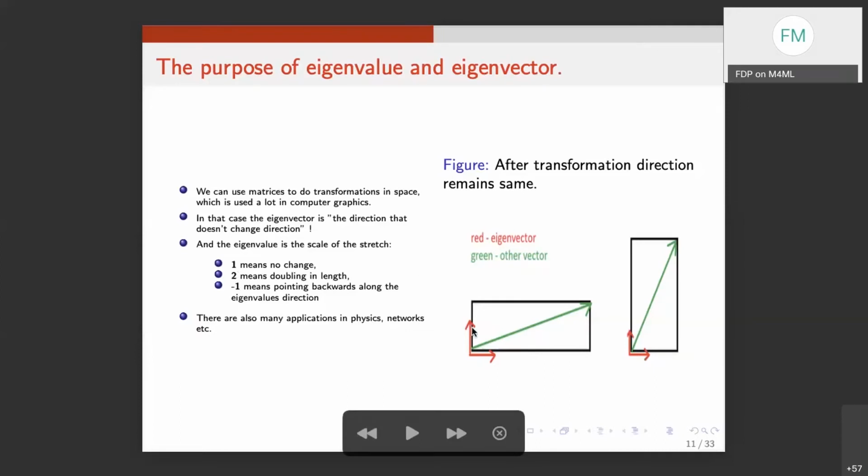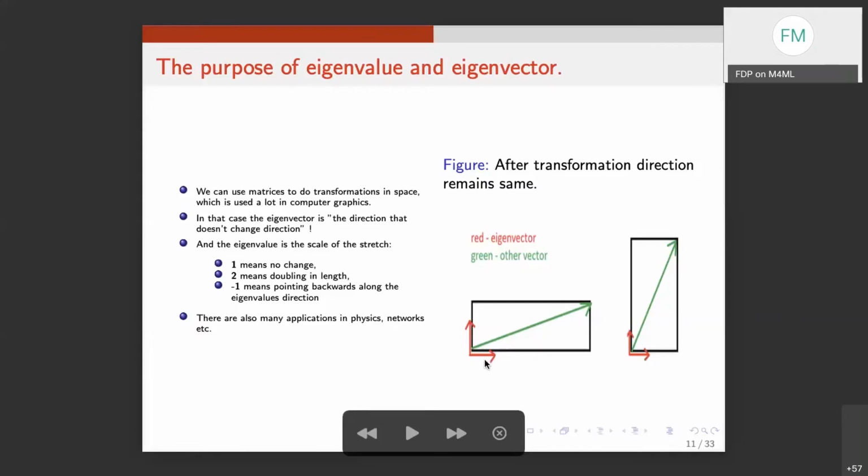See, for example, here, let's say this is a vector. Now we try to stretch this, right? If I stretch this horizontally or vertically, the length changes. For example, this is length 1. Now, if the length is doubled, that is 2 lambda.